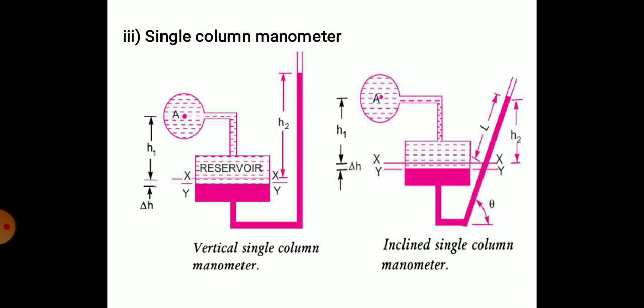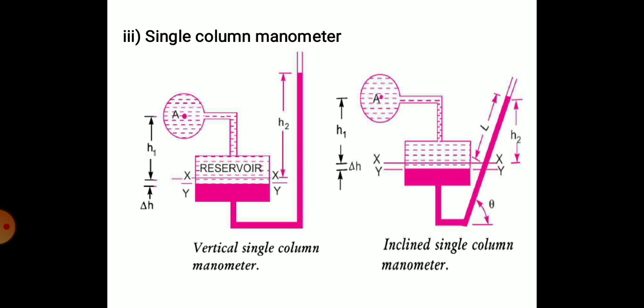Due to the large cross sectional area of this reservoir, for any change in pressure, the change in the liquid level in the reservoir will be very small and may be neglected, and hence the pressure is given by the height of liquid in other tube, as we can see in the figure.